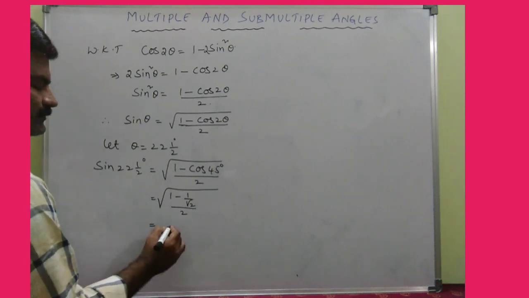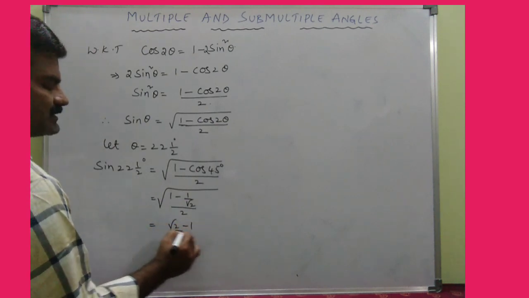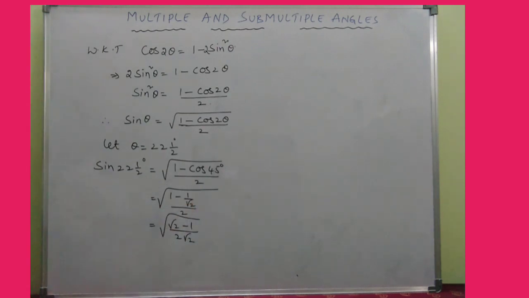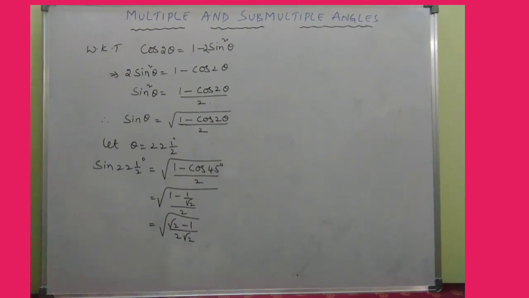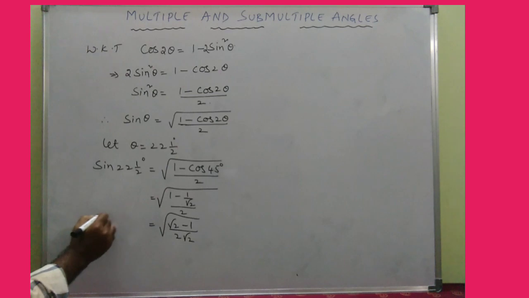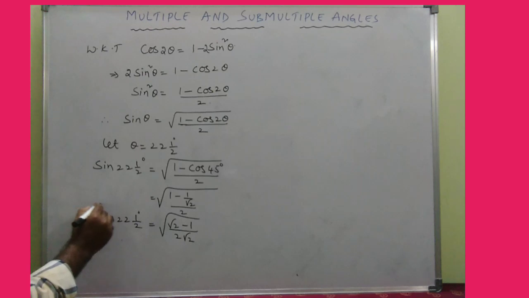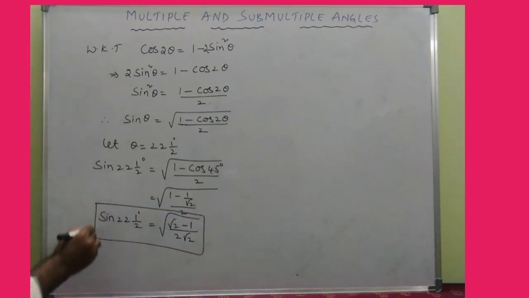Hence from this, (root 2 minus 1) by 2 root 2, all within the root. So sin 22.5 degrees is nothing but root of (root 2 minus 1) by 2 root 2. This is positive since 22.5 comes under the first quadrant, where all are positive. So this is the formula for sin 22.5 degrees.